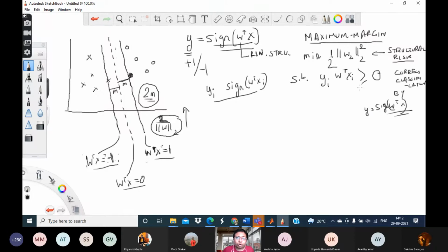But I want something more. I want the marginal classifiers also to classify this thing correctly. That means all the -1 points lie on this side of the dashed line, and all the plus points lie on this side of the dashed line. Since I want margin maximization, it is not enough for the minus points to be on this side of the dashed line.